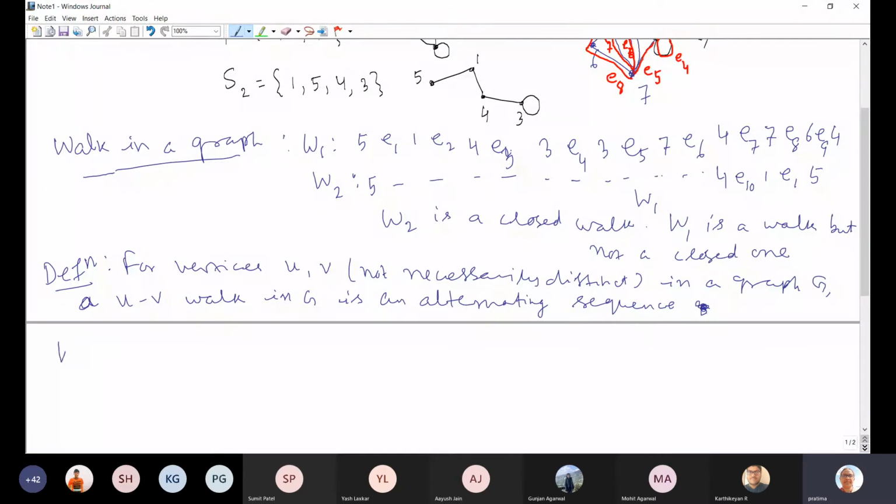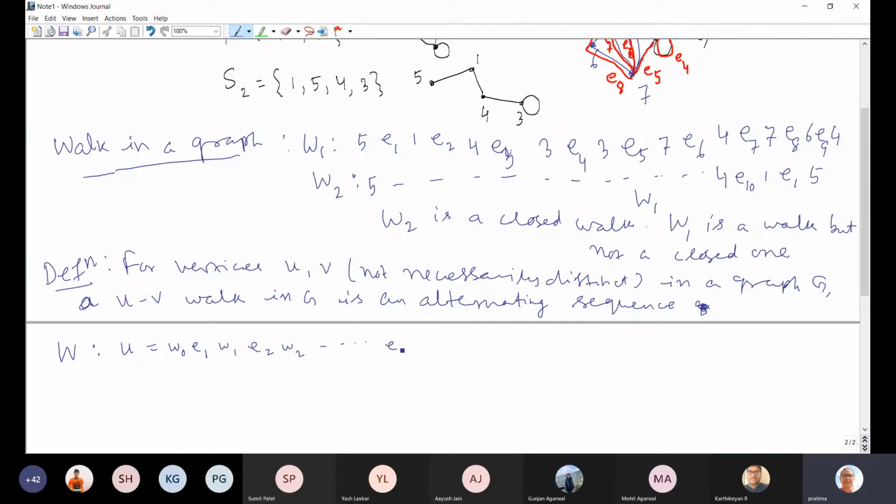I'll write W, where the starting one is vertex U. Suppose this U is vertex W0, and then the next edge I'll say E1, then vertex W1, then edge E2, then vertex W2, like this.